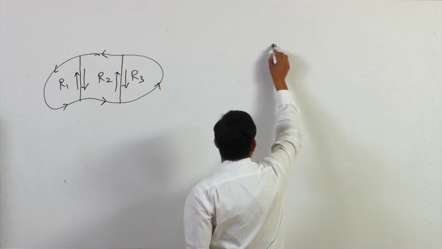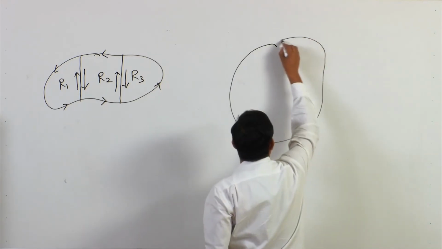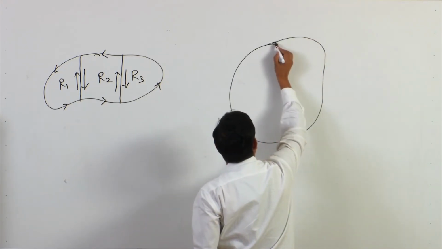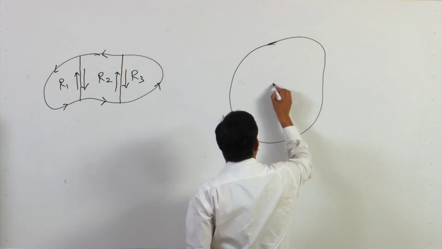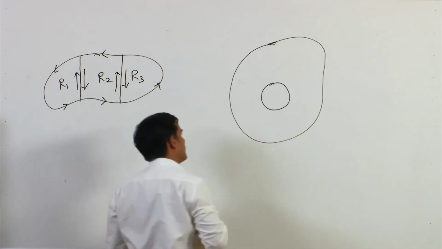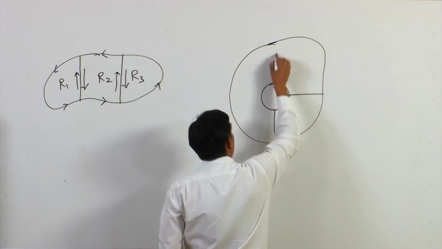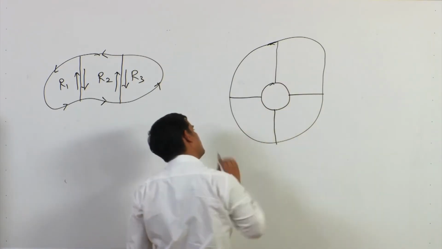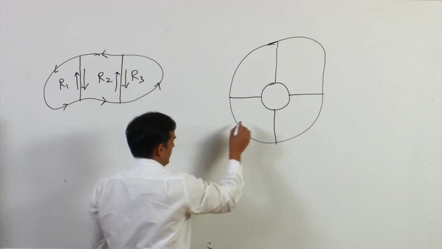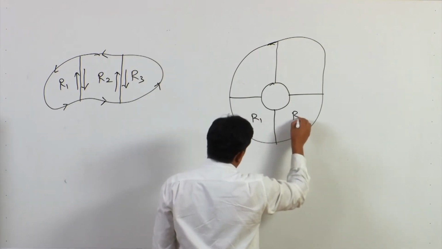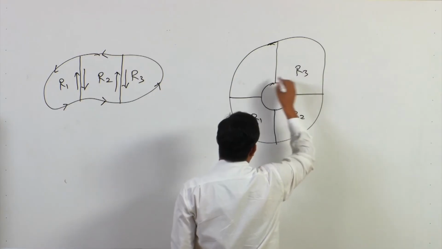Another region may be like this. So, it is smooth here, and then this kind of region. So, again divide this region into different parts, let us say R1, R2, R3, R4.